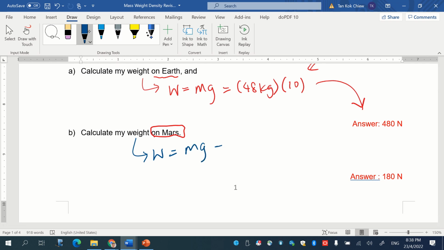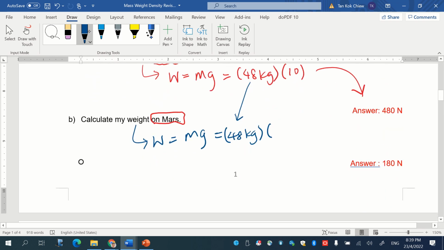And my m has to be still the same, although I go to Mars, my mass must still be the same. My mass doesn't change, doesn't matter where I go. So it's still 48 kg. But my g value changes from place to place, right? The g value of Mars, as mentioned above, is 3.75.